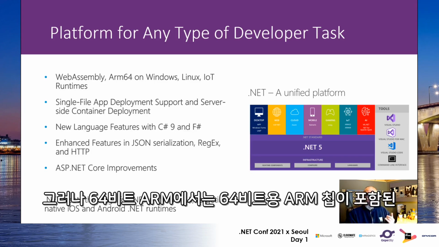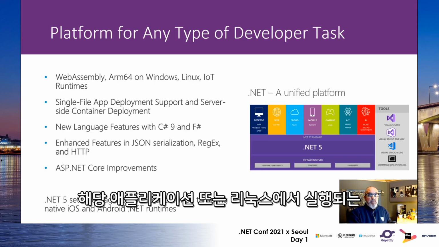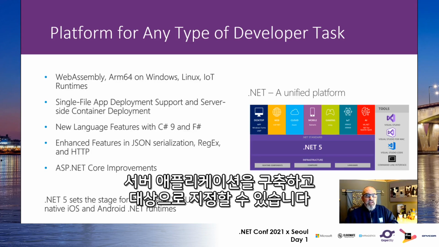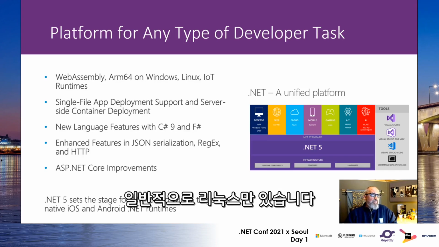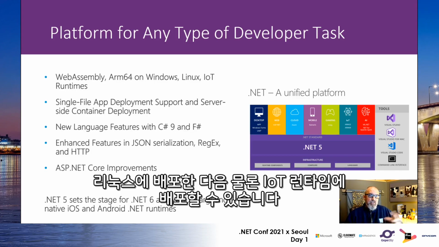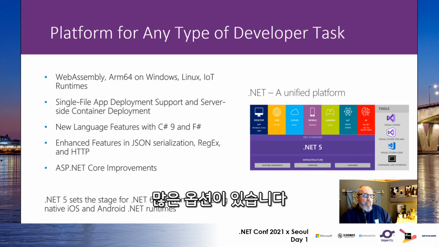If you're using a Surface Pro X with the ARM64 chips, you can build and target those applications, or even server applications running on Linux, running on 64-bit ARM, and other variations of ARM. We have Linux in general, so being able to take a .NET Core application and deploy it to Linux, and then of course the IoT runtime. So there's a lot of options here for where you deploy and where you build.